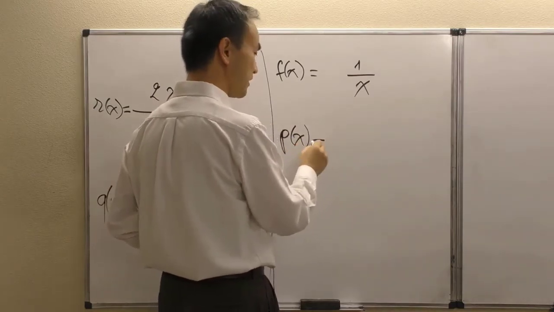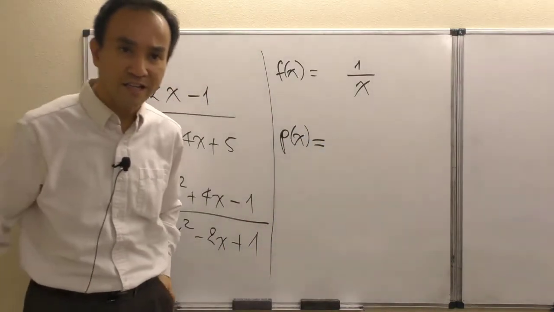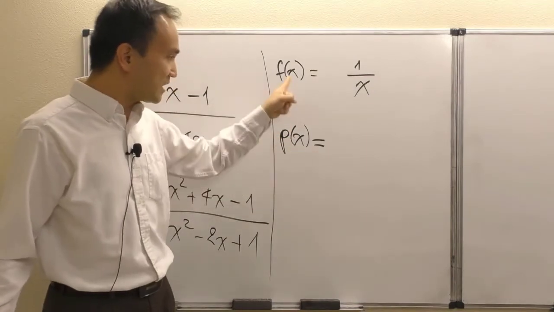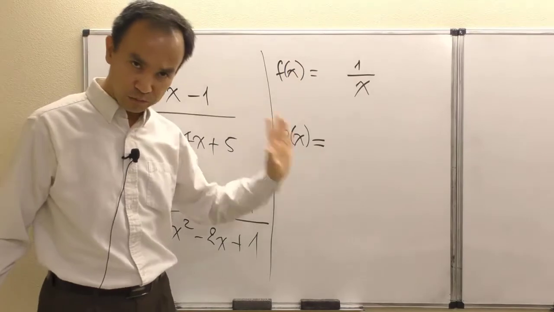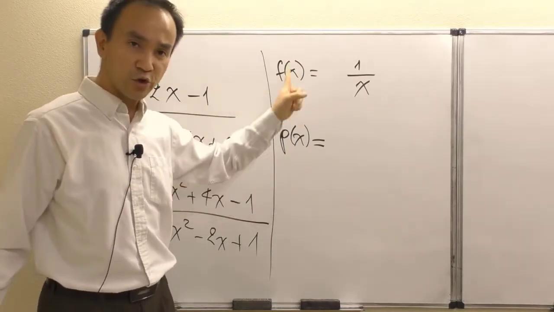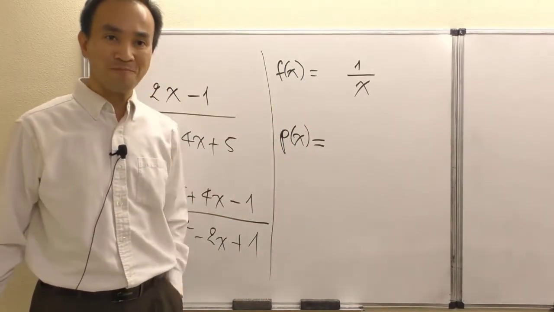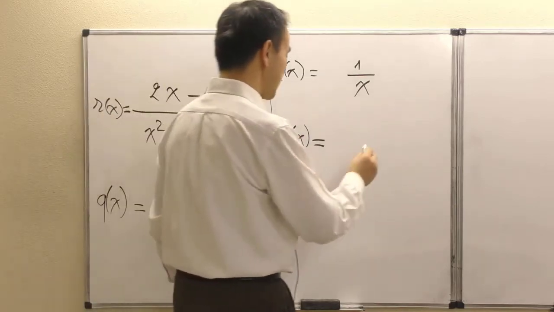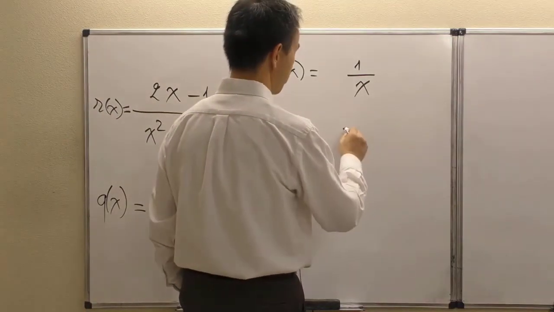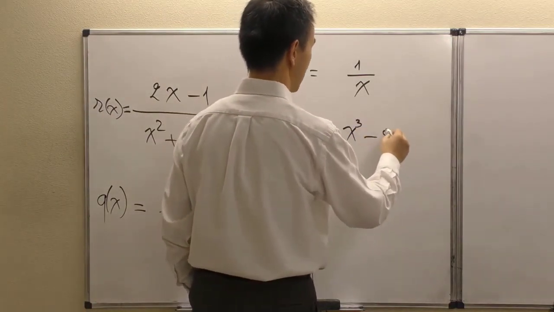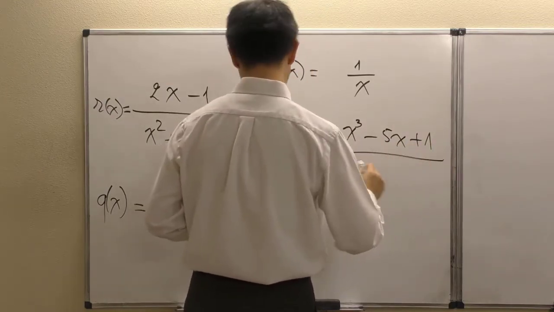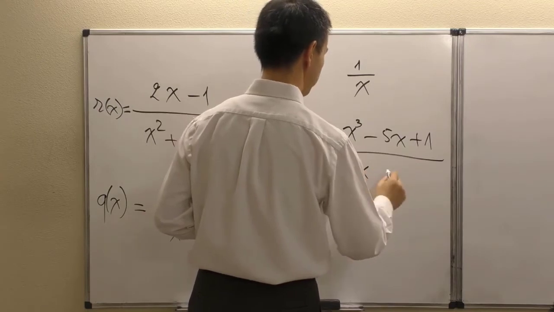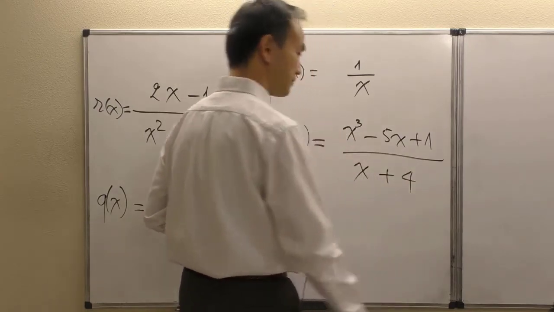Naming a function can be any letter of our choice, and even the variable can be called any name, but for simplicity I stay with the tradition of using x as the input variable. So p of x, I'm going to call that x cubed minus 5x plus 1, divided by x plus 4.